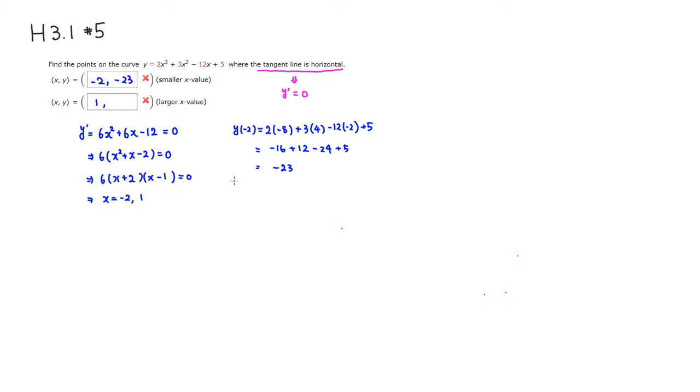If you plug in 1, I get 2 plus 3 minus 12 plus 5. So 2 plus 3 is 5, then 10, and it's negative 2. So you're going to get negative 2. All right, so let's type it in.